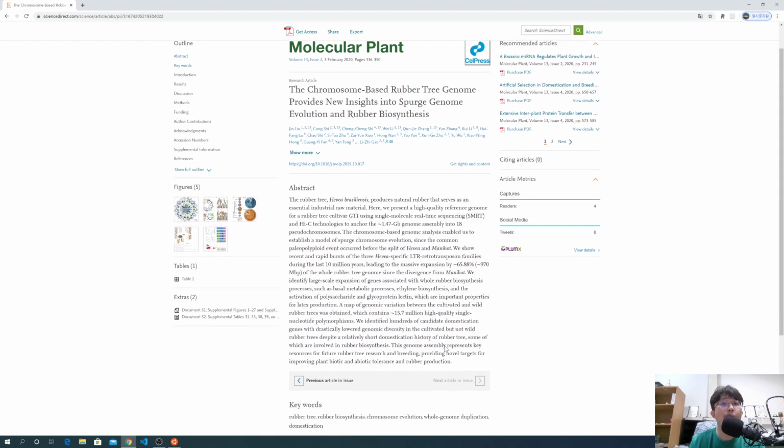So it is 18. So the number of chromosomes of Hevea is 18.